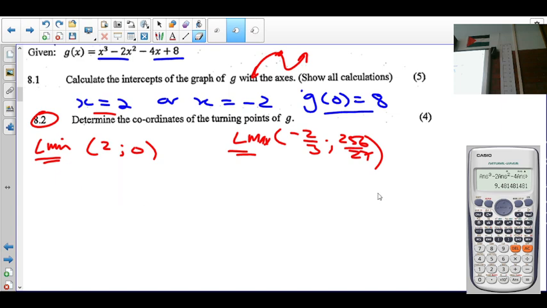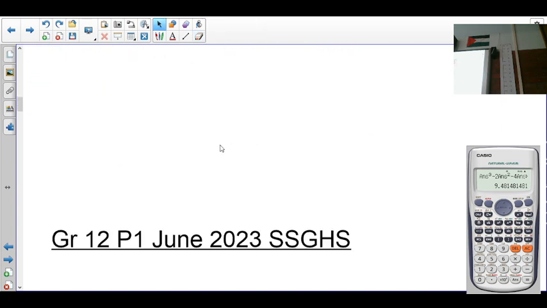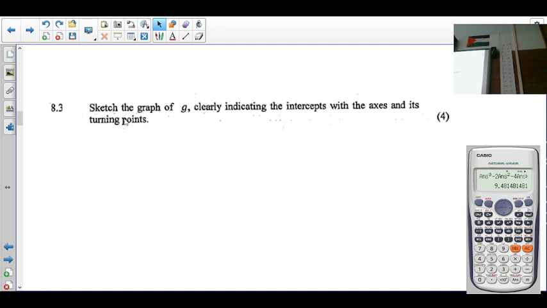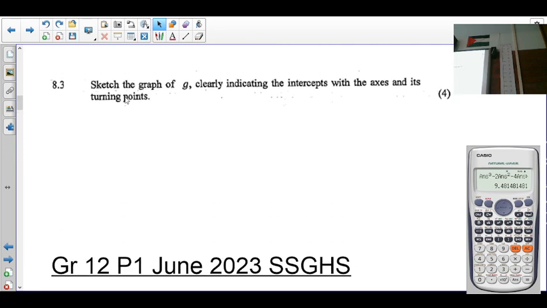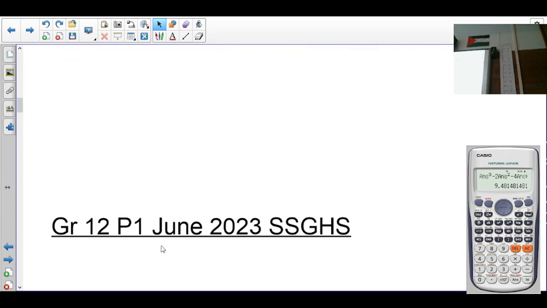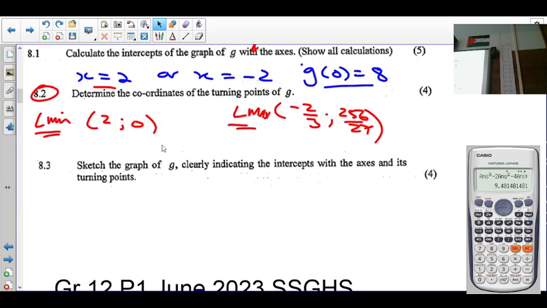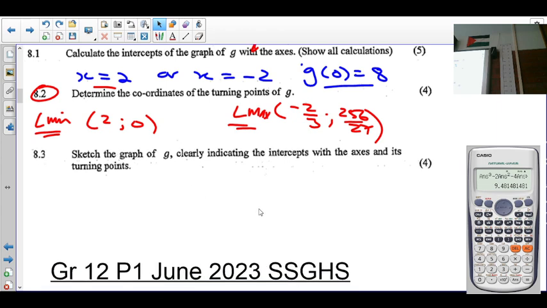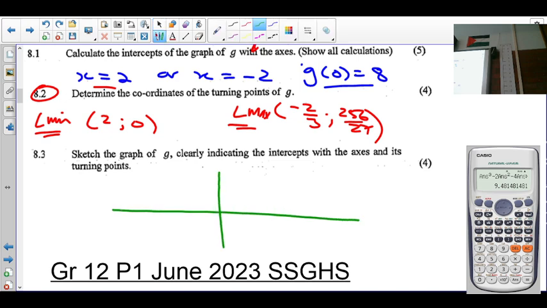Okay. So let's look at 8.3. Question 8.3, we are told, sketch the graph of g, clearly indicating the intercepts with the axes as well as its turning points. So we take that into account now. Remember the graph is turning at 2 and at -2/3.